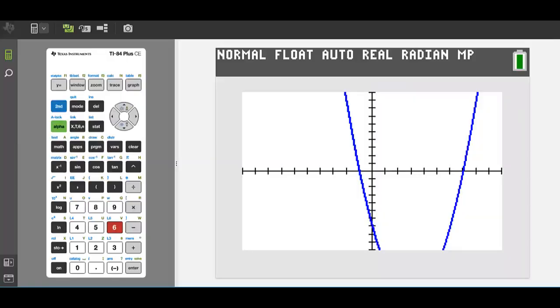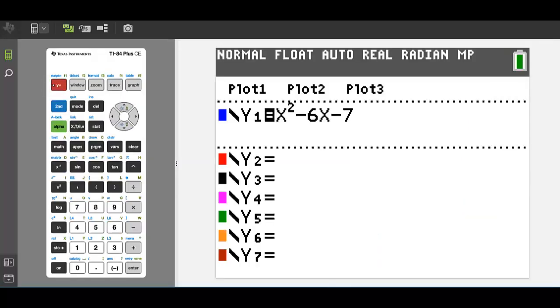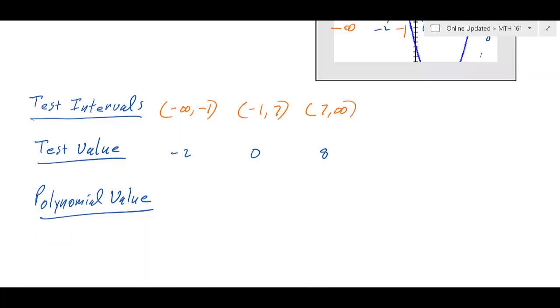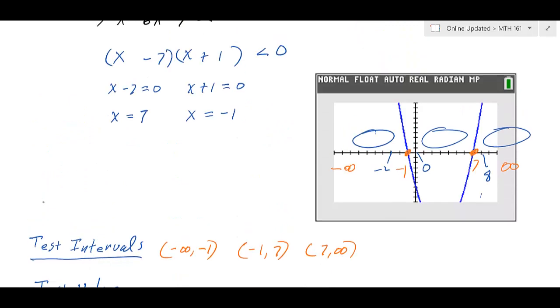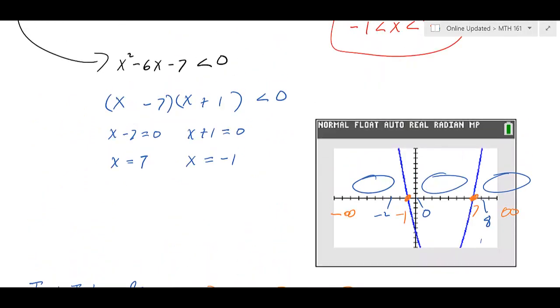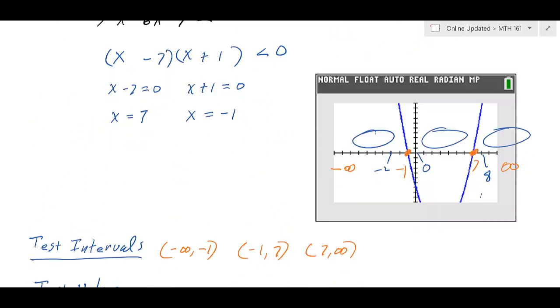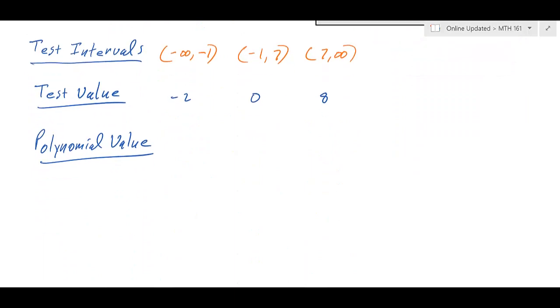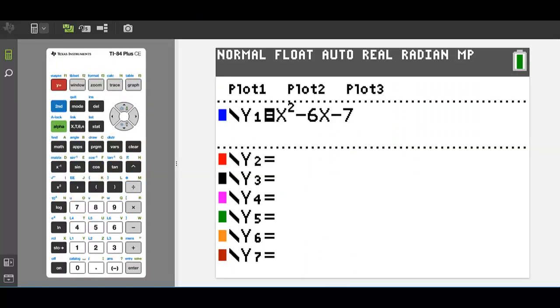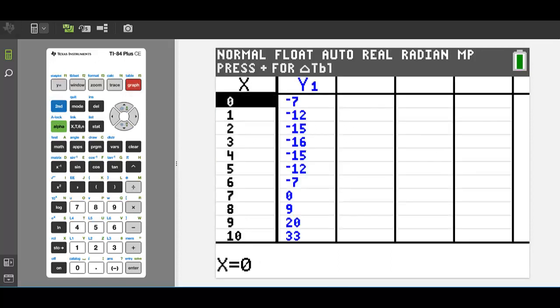And since I already have the polynomial x squared minus 6x minus 7, we could certainly plug in the negative 2 by hand, square the negative 2, multiply by negative 6, and subtract 7. But we already have this in the calculator. So I'm going to go second graph, which is into our table.